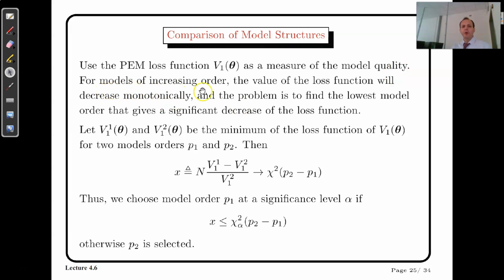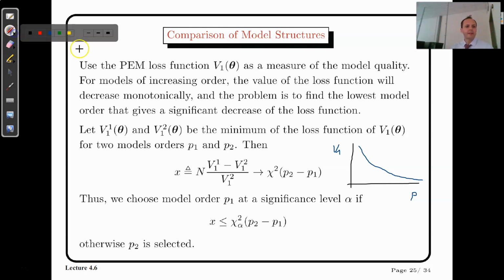Normally, for models of increasing order, the value of the loss function will decrease monotonically, because you know from the previous slide, I will show here again, if you are depicting the cost function V1 for the number of parameters, the cost function has a behavior like this. So it's decreasing when the number of parameters increases, sorry, I'm completing the axis.